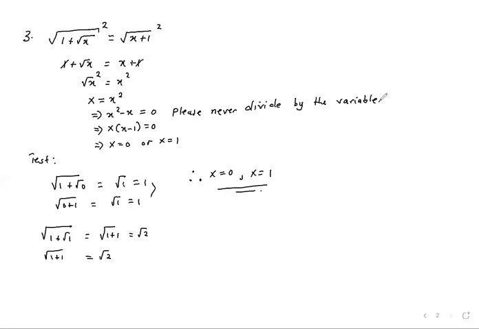So I think this is enough for radicals. You're able to solve any kind of radicals. So you should also know that it's possible to have radicals of this nature is equal to 2x squared plus 6x plus 4.